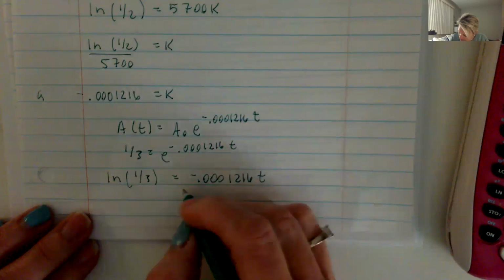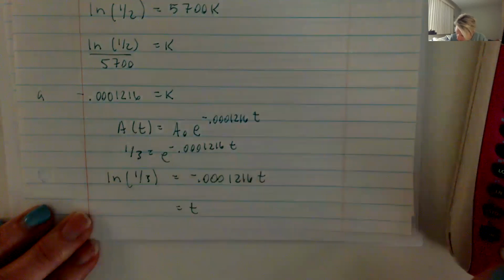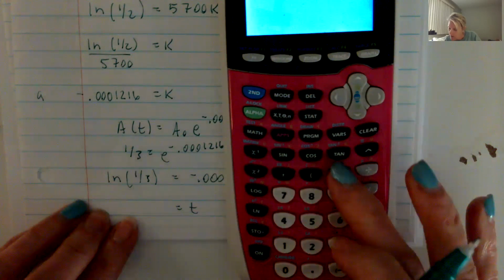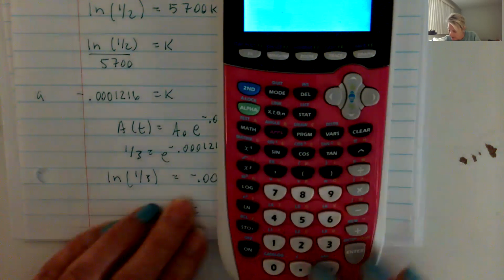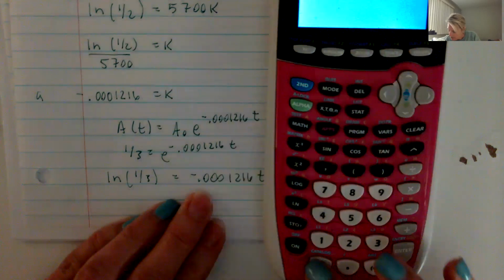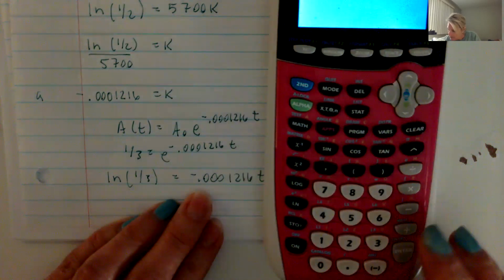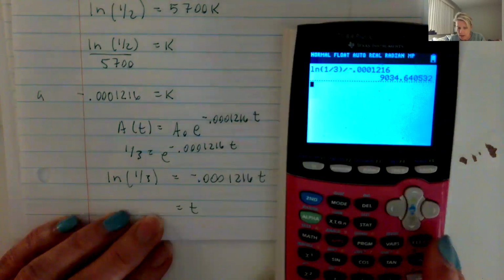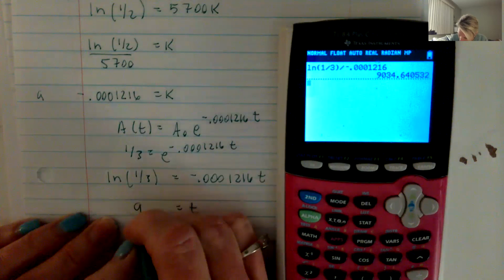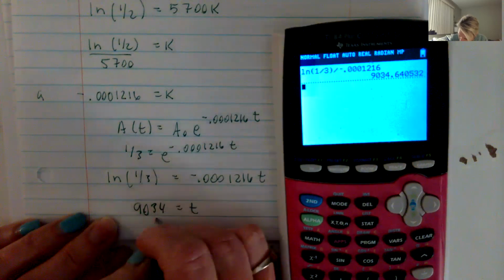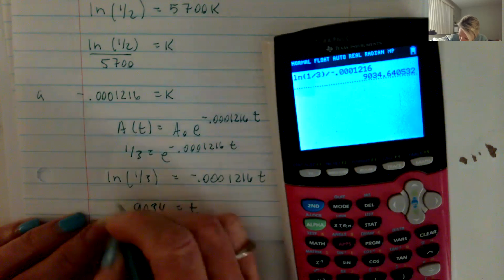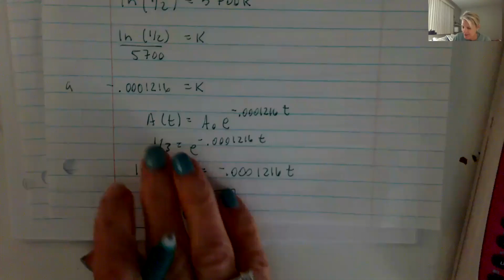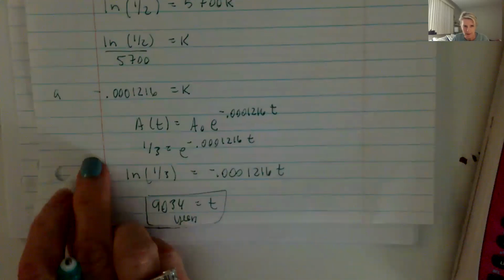When we divide by this negative number, we find that t is the natural log of 1/3 divided by negative 0.001216. Right there it is: 9,034 years. It's going to take a while. That's crazy, isn't it?